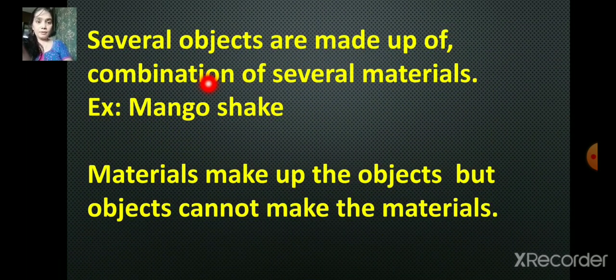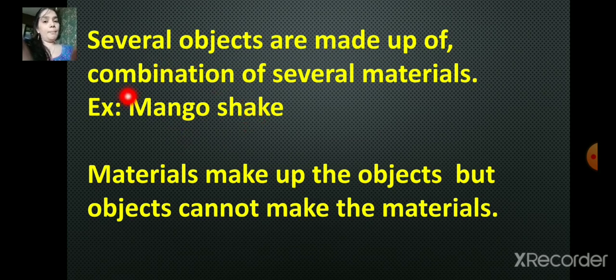Several objects are made of a combination of several materials. For example, mango shake. Is mango shake made only with the mango? No, we have included several things in that. So what are the combinations?